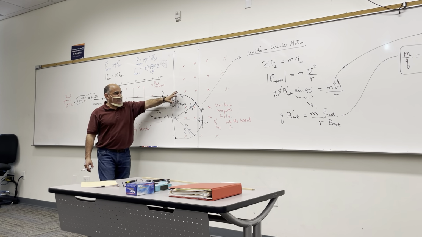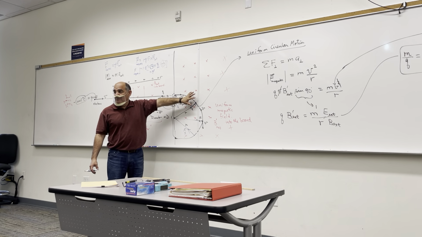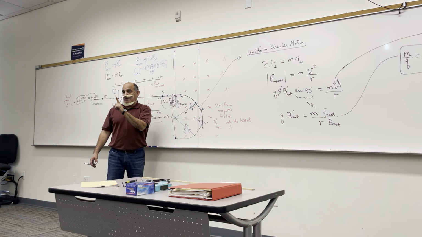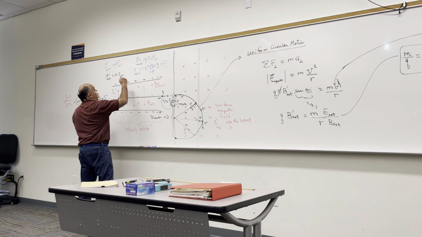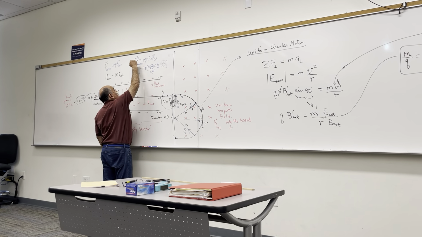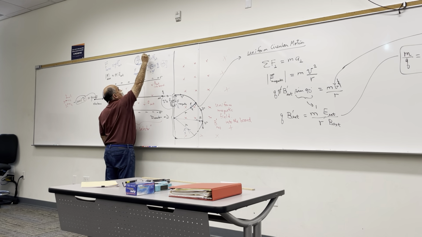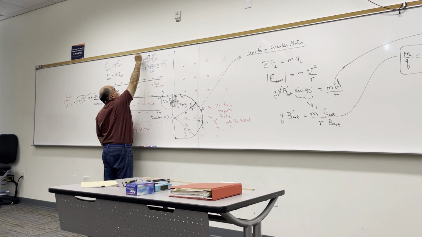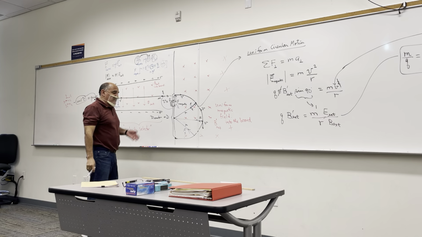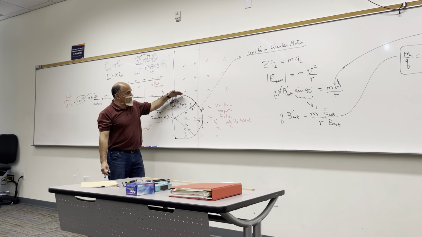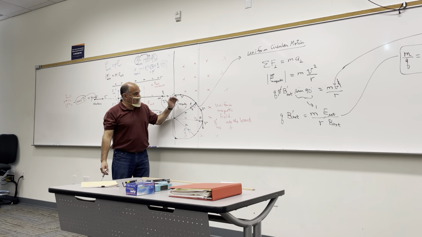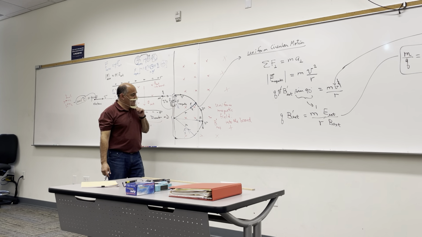And then once they enter this region where there's only a magnetic field, there's only going to be one force acting on them in this region, the magnetic force, which, by the way, remember that this vector has to be perpendicular to this and this, right? So because this vector is perpendicular to the velocity vector, it's going to give it a centripetal acceleration. And all that's going to happen is that the particles are going to be deflected. And they're going to follow a circular path, right?